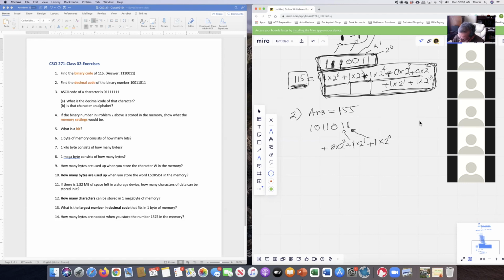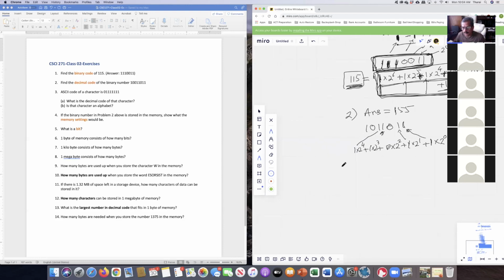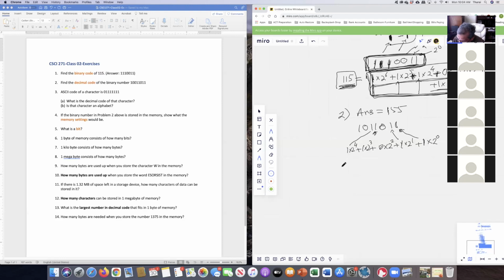So 0 times 2 to the 2, and then this one represents 2 to the 3. So 1 times 2 to the 3 plus 1 times 2 to the 4, this one right there. Let me move the screen over a little bit. And after that, I have 0 times 2 to the power 5 plus, hold on, let's count. 2 to the 0, 2 to the 1, 2 to the 2, 2 to the 3, 2 to the 4, 2 to the 5, 2 to the 6. 1 times 2 to the 6.